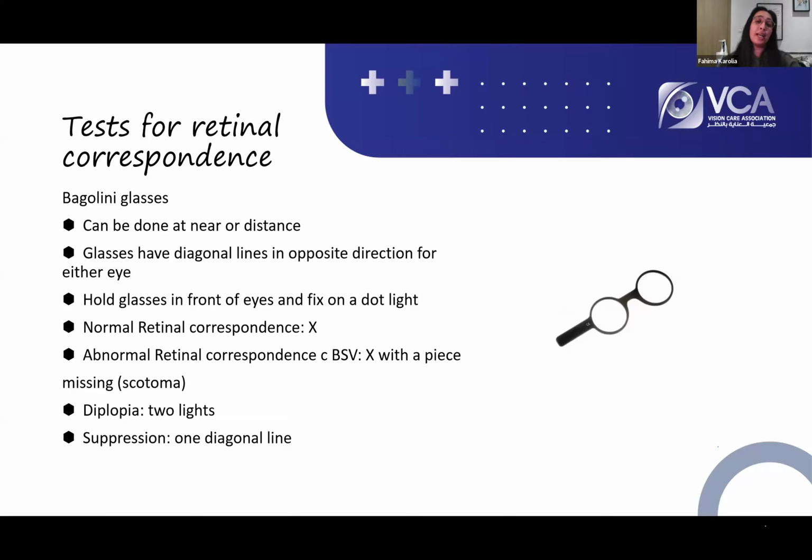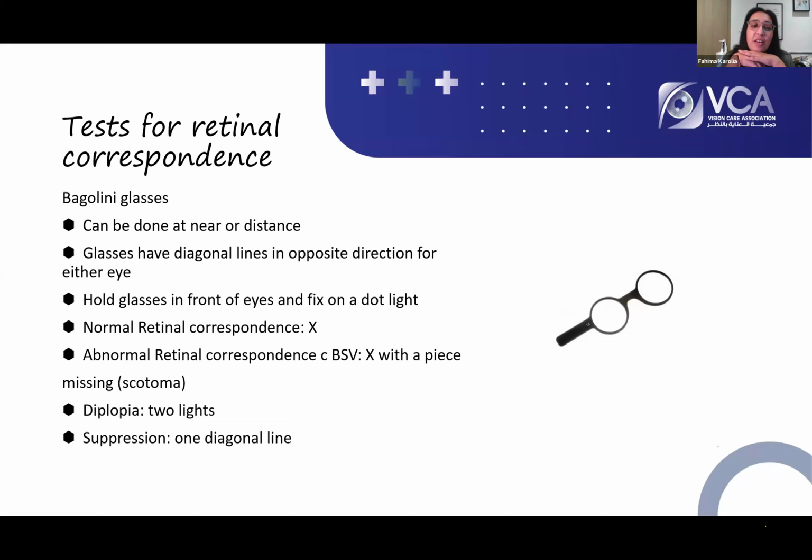Okay, from my light, you should have some lines coming out of the light, okay? How many lines do you see? Now, if this patient has normal retinal correspondence between the 2 eyes, then they will have an X. It will look like an X because the line's shining this way in one eye and this way in the other eye. And it crosses in the middle like a cross.